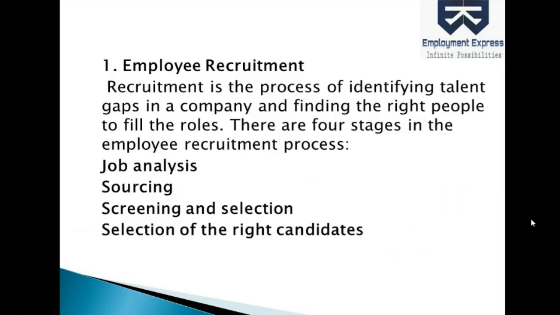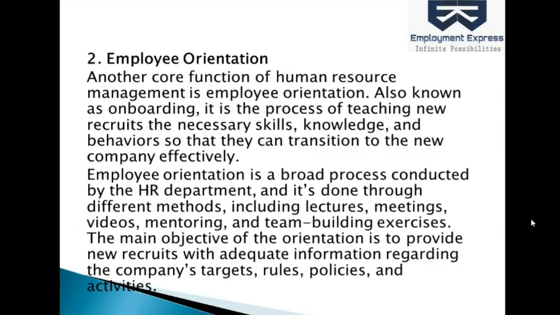Next is employee orientation. Another core function of human resource management is employee orientation, also known as onboarding. It is a process of teaching new recruits the necessary skills, knowledge, and behaviors so that they can transition to the new company effectively.